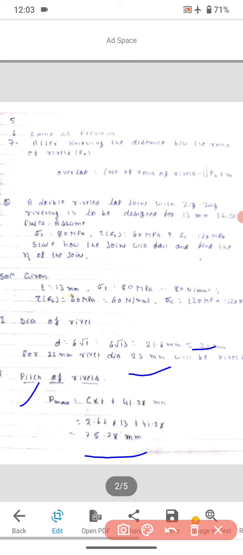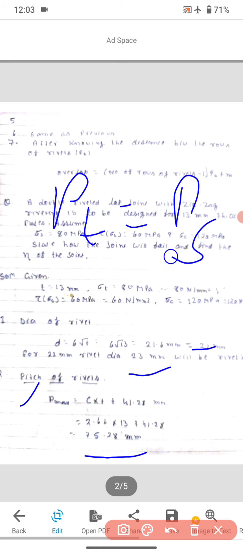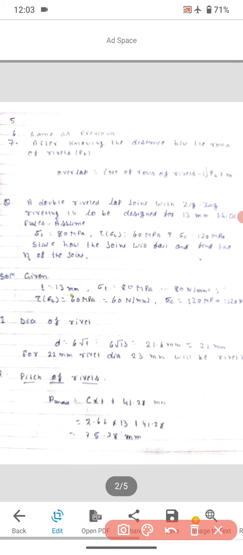As we discussed, it is the maximum pitch value, and you have to find another pitch by equating the equation Pt is equal to Ps, that is, the shearing resistance will be equal to your tearing resistance value. Got it?